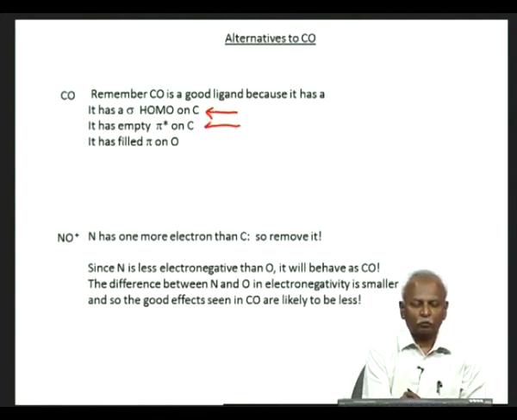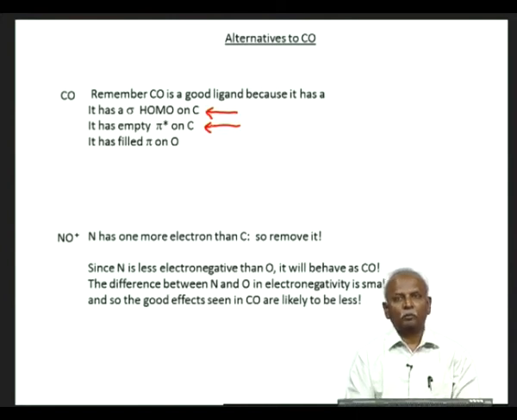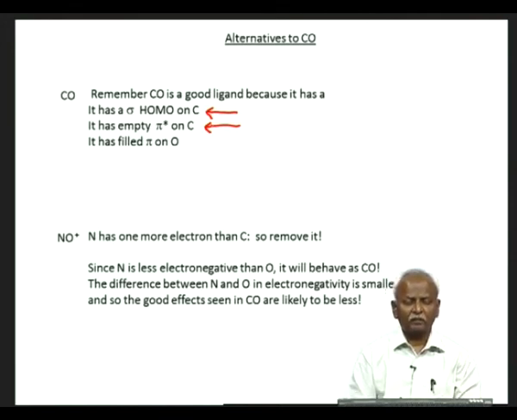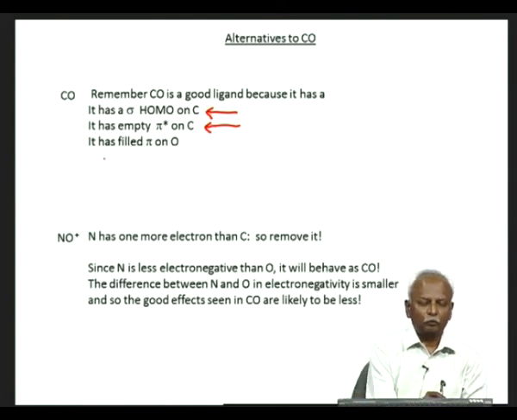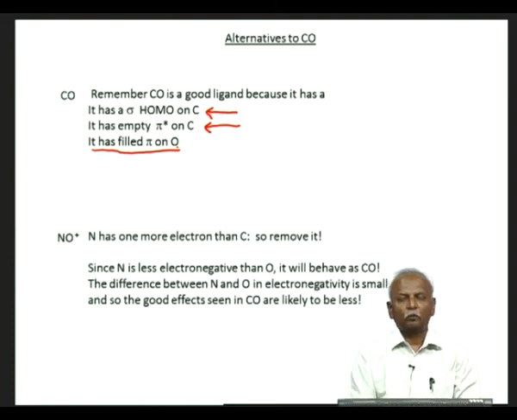So, both of these acceptor and donor properties are localized primarily on carbon of carbon monoxide, and that makes it a very good ligand. And the filled pi, which would lead to a 4 electron repulsion, turns out to be localized on oxygen, and so that repulsive interaction is minimized and the attractive interactions are maximized, and that makes carbon monoxide an excellent ligand.